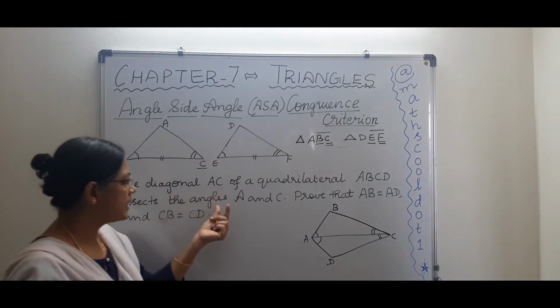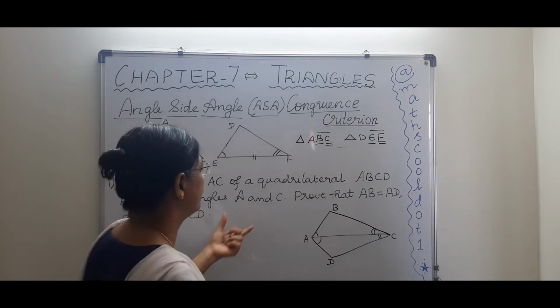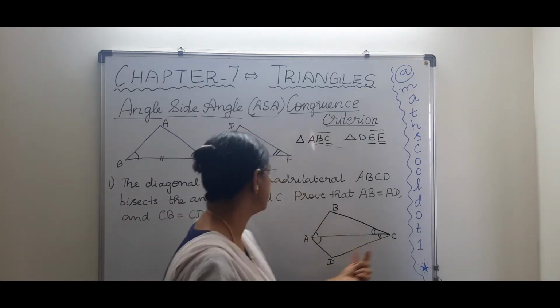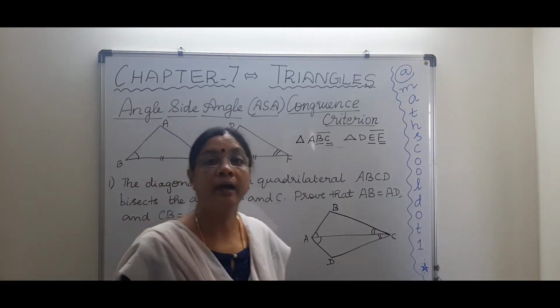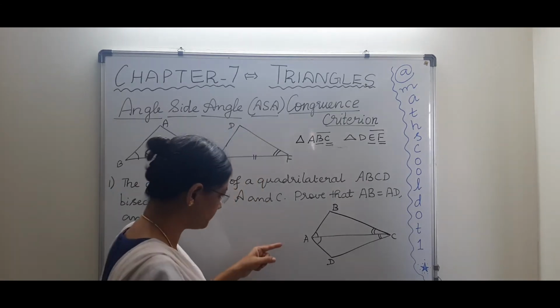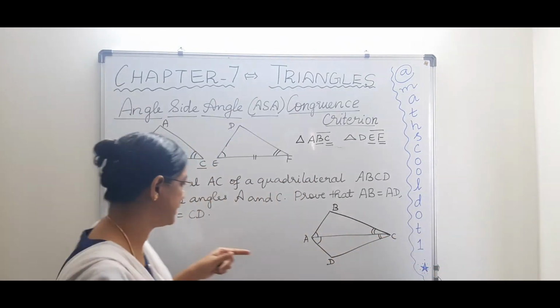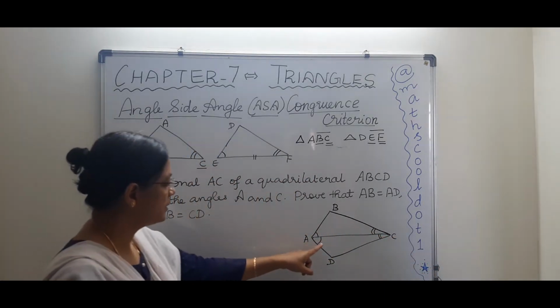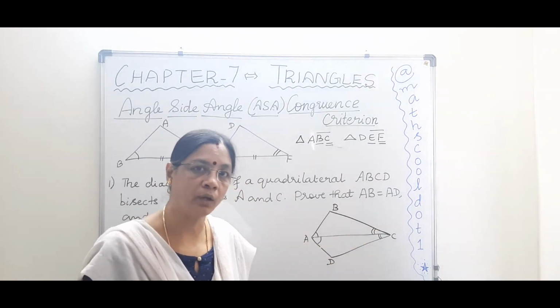The diagonal AC of a quadrilateral ABCD bisects the angles A and C. Quadrilateral is a 4-sided figure. One of the diagonals, that is AC, bisects the angles A and C. So what do you mean by bisecting? It cuts into two equal halves.